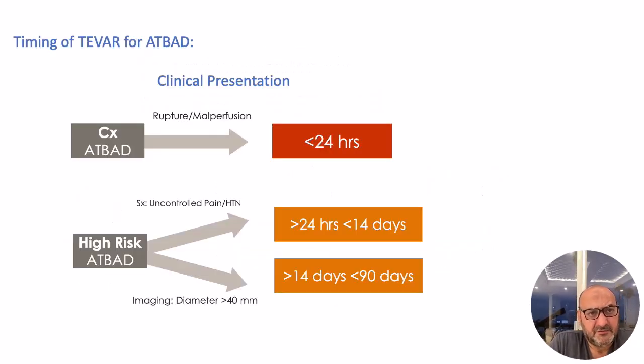So the timing in TEVAR for acute type A dissection, that's really what a lot of people who do this a lot go by. If you have acute malperfusion or rupture, you do it right away, except in a situation like the example I showed you, where the patient is very, very sick and had malperfusion. You treat that particular portion and then you fight another day, because you don't want to kill the patient.